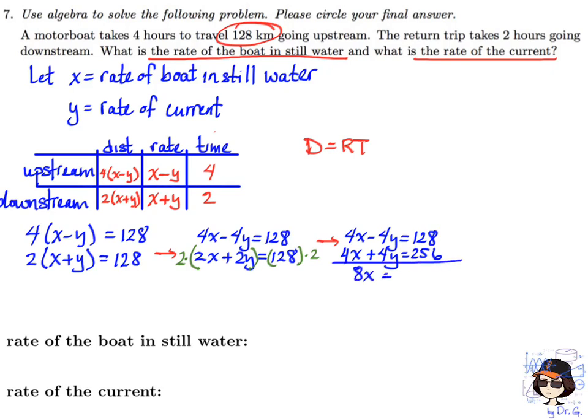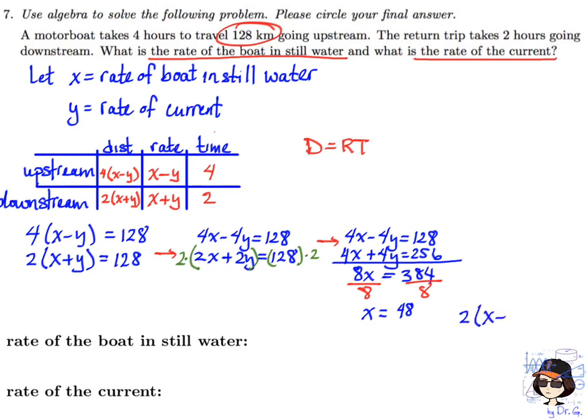So I get 8x equals 384. And if I divide both sides by 8, I get x is 48. So that's one of my variables. So I take that, x equals 48, and I plug it into one of the equations to get y.